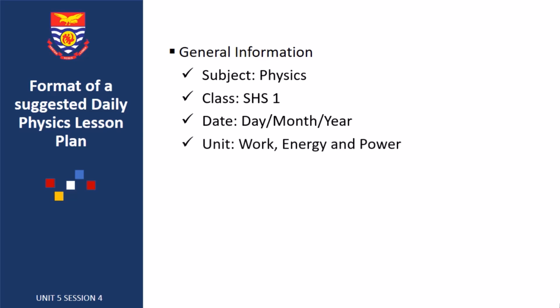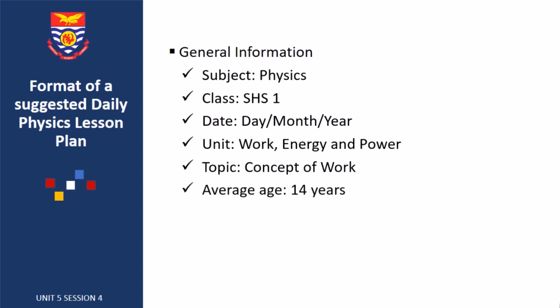The week, the unit. So we are looking at the unit on work, energy, and power. And which topic under this unit? We are looking at the concept of power, or sometimes the topic will be work, energy, and power, and the subtopic becomes the concept of work.